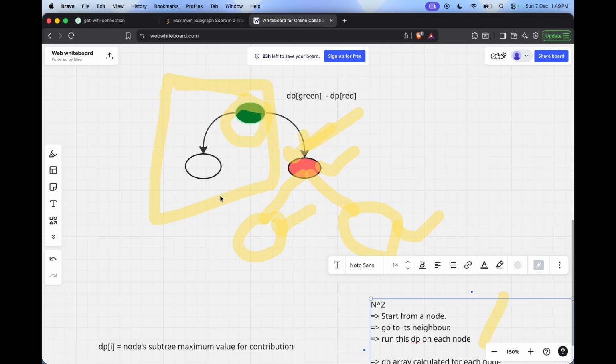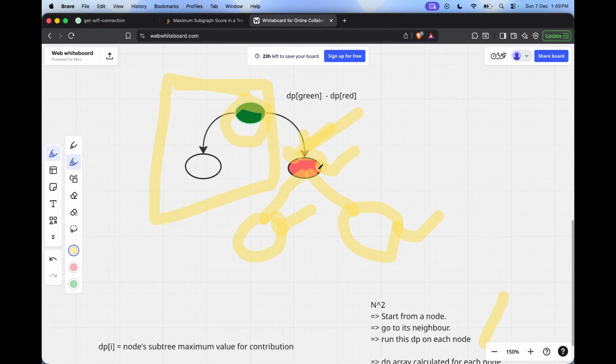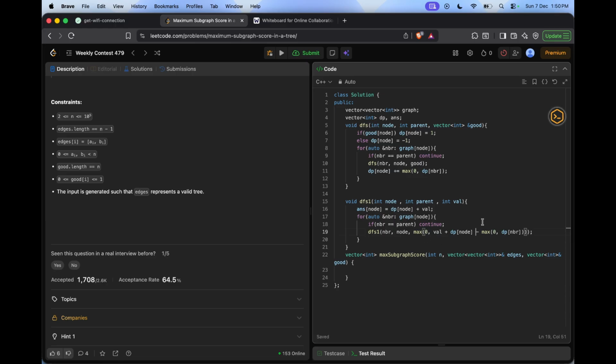Contribution due to this subtree when we are moving from green node to red node, subtracted from the total contribution or total value at green node. And if it is negative, then max it with 0.